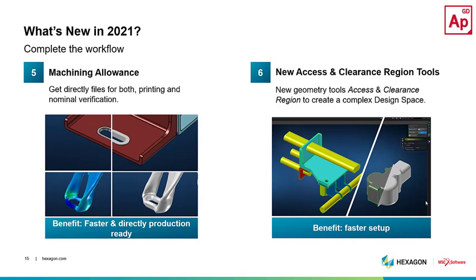Okay. And then the last update for Apex Generative Design is that you have new access and clearance region tools. Basically, if anybody has run into this situation where you have to really bend your arm in a way that it can't be bent in order to put a fastener in or a bolt or a screw in a certain location, if you're putting anything together, it doesn't have to be automotive, it could be aerospace, it could be anything, even involving like your bicycle in your garage.